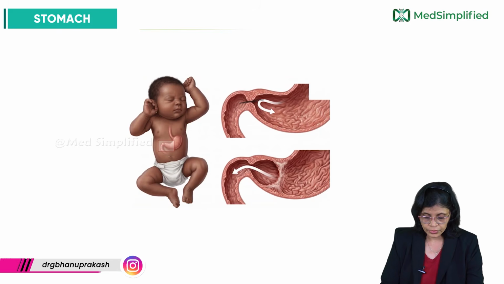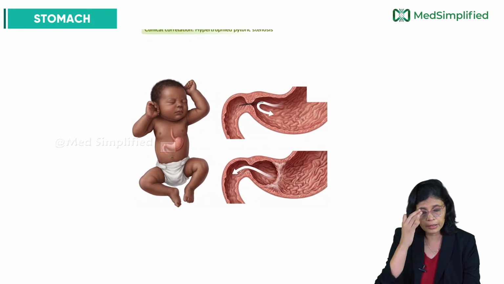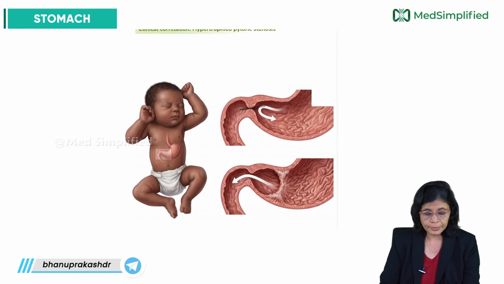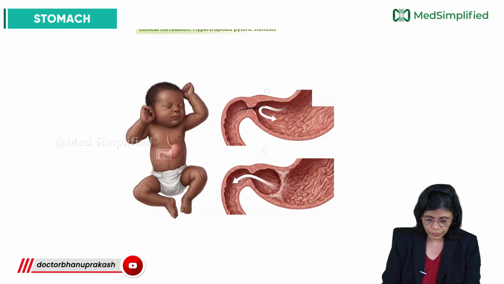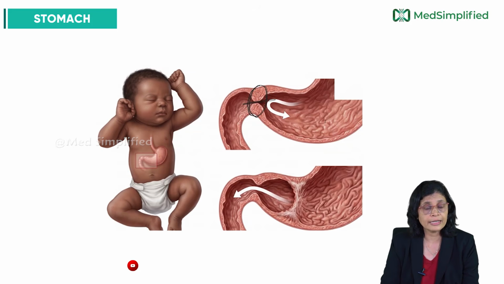There is a clinical condition in association with the pylorus, called hypertrophic pyloric stenosis. It is basically a congenital condition which results in neuromuscular incoordination at the pyloric orifice. This is mainly because of the thickening of the circular layer of smooth muscles, which results in narrowing.